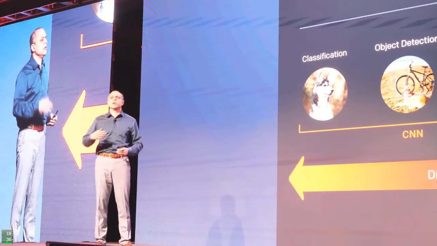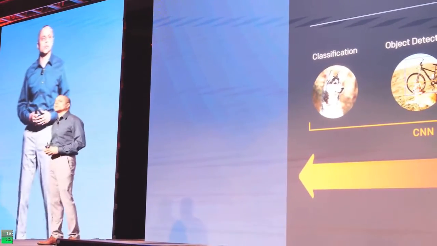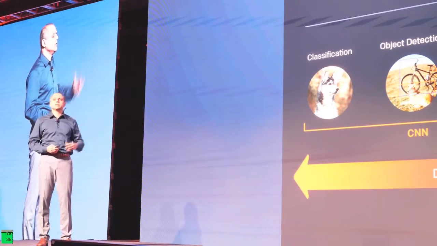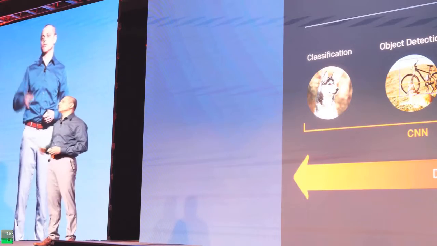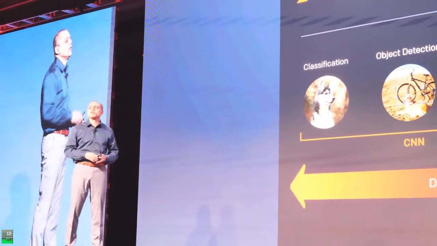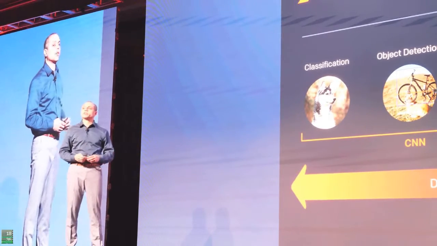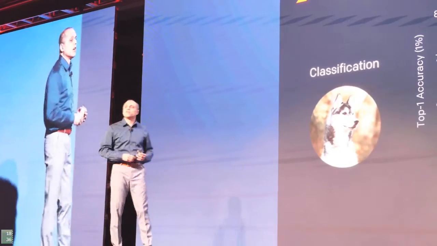And there are many, many more. The universe of these applications is growing at a tremendous pace. Now, if you just look at any one of these, there's a lot of innovation going on in AI models also. Every day there are new models being created to be used in any one of these applications. Now, if we take a look at just one of them, image classification. Now, image classification has been around for 30 years.